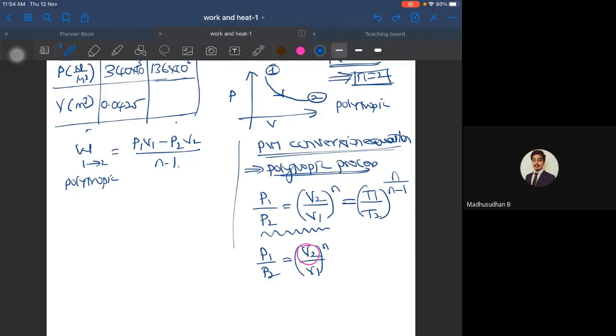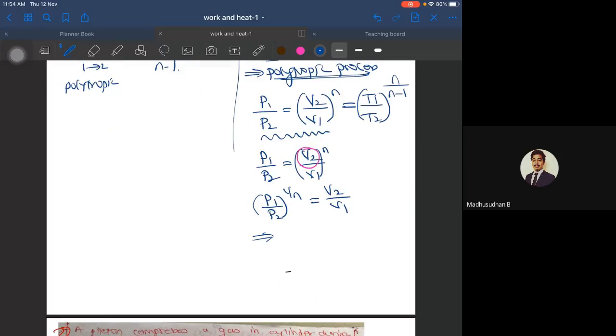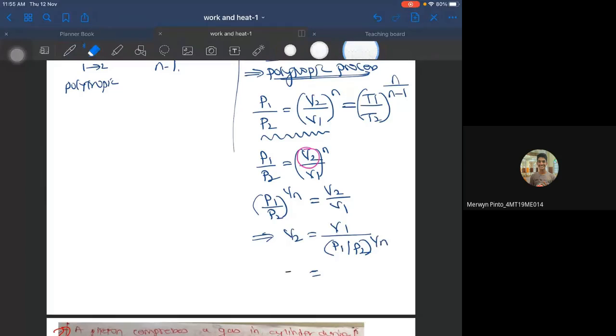If you transfer n to the other side, it will be P1 by P2 whole to the power of 1 by n, which equals V2 by V1. Now from this, V2 is nothing but V1 divided by P1 by P2 whole to the power of 1 by n. Am I correct in extracting the expression for V2? Yes, sir.